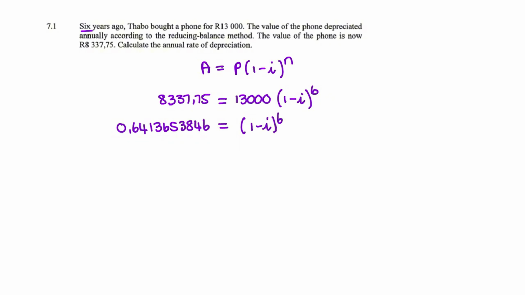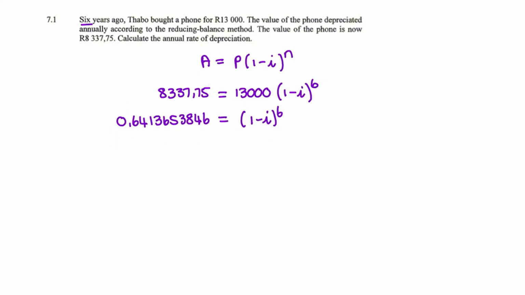Now in financial mathematics, you need to keep all the decimal values up until the end of your calculation. Only round off in your answer. Next, I'll take the 6th root on both sides of the equation. On the right-hand side, I'll be left with 1 minus i, and on the left, another decimal value.